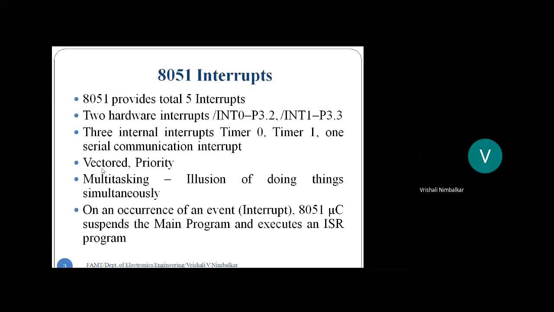Hence, on interrupting, the microcontroller jumps to that fixed address, executes the program from that address and returns back. That is called vectored: when an interrupt arrives, which instruction is to be executed is known to the microcontroller. Hence the name vectored. So the 8051 has 5 interrupts and all 5 are vectored interrupts. Is that okay?